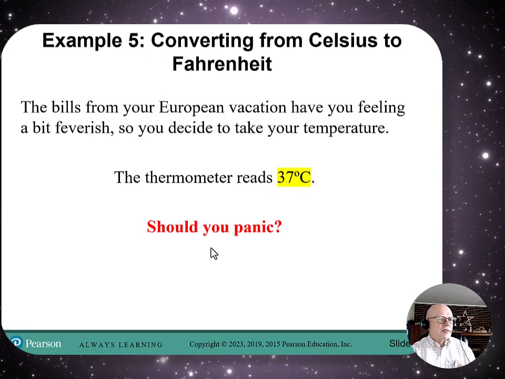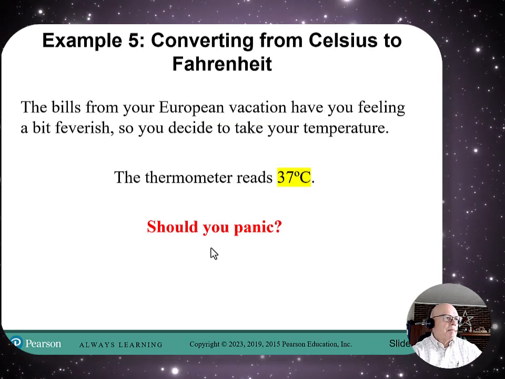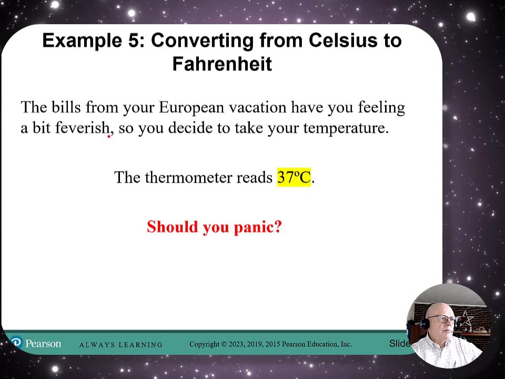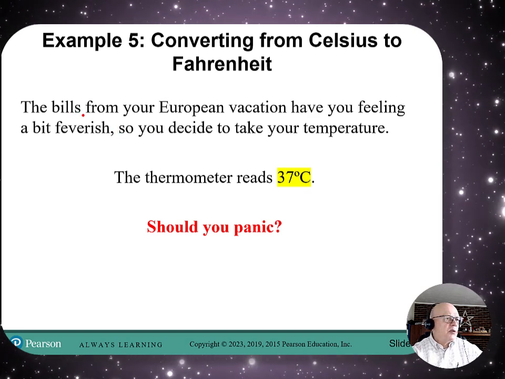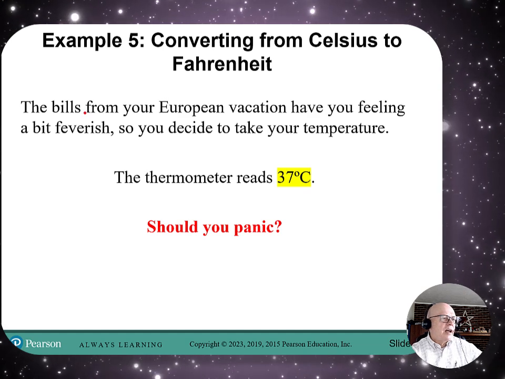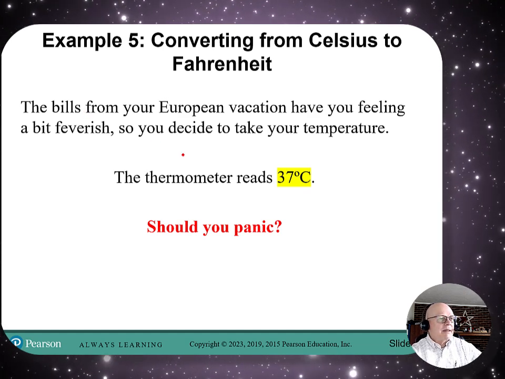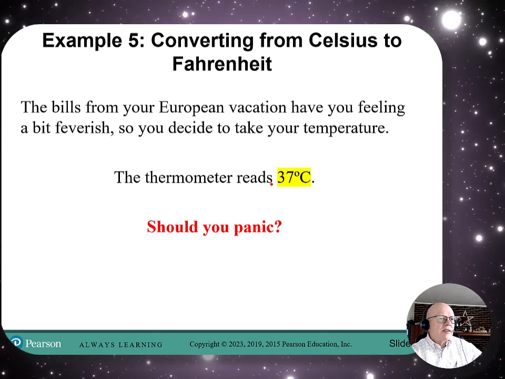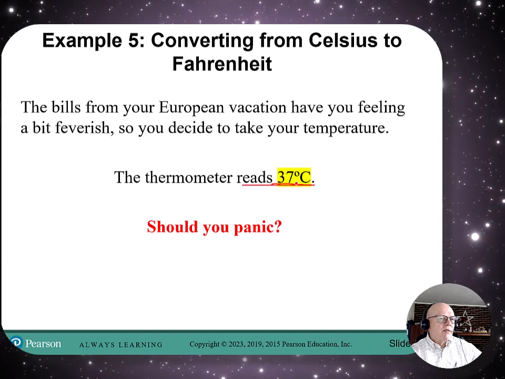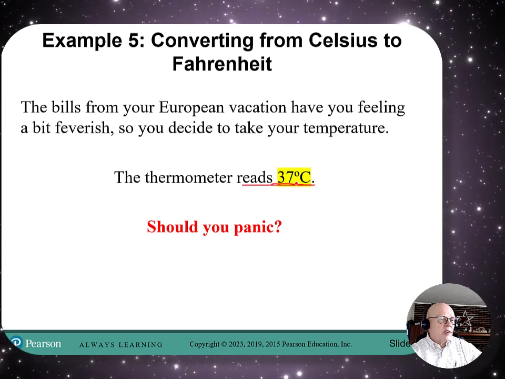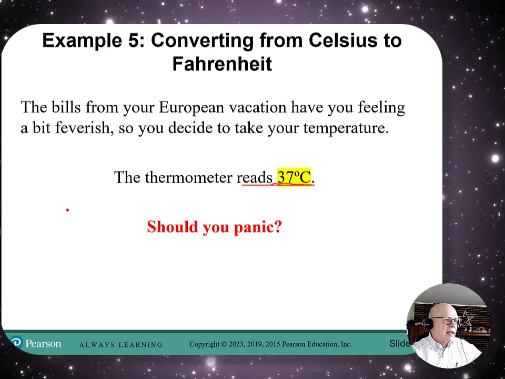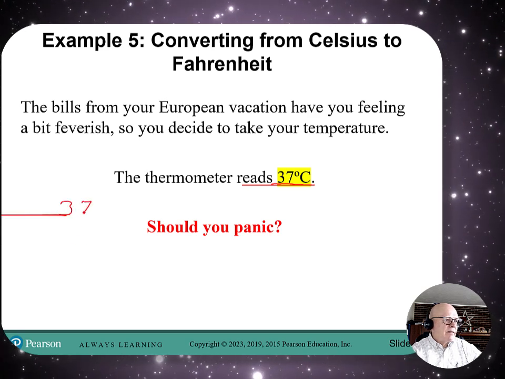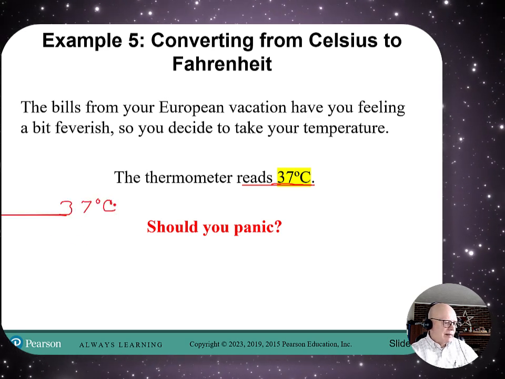So let's see what we've got here. Say the bills from your European vacation come in, and I'm not sure what that means exactly, but your temperature is reading 37 degrees Celsius. Is that a good thing or is that a bad thing? So we'll take that 37 degrees Celsius.